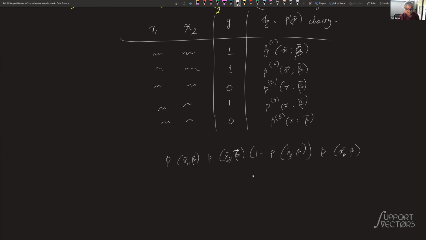And the subscript here refers to the specific datum. First row, second row, third, fourth row of data, right? Now, this is what our probability is.